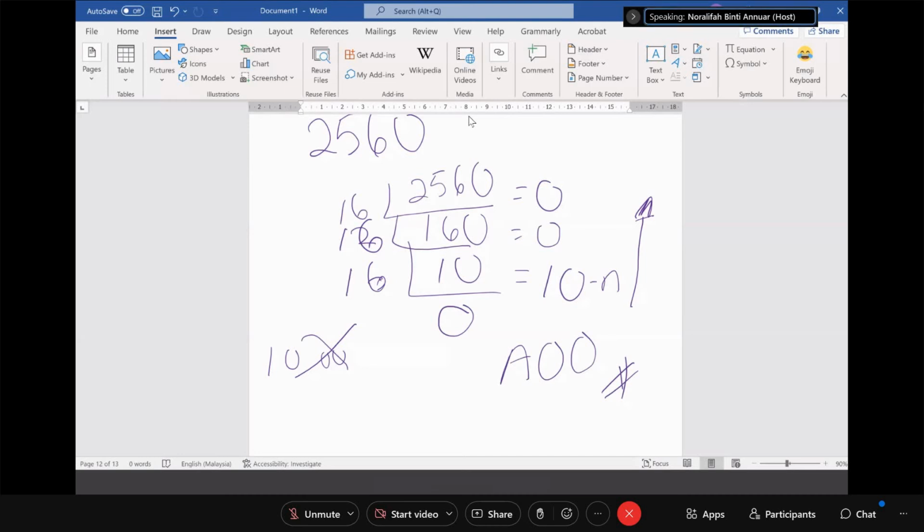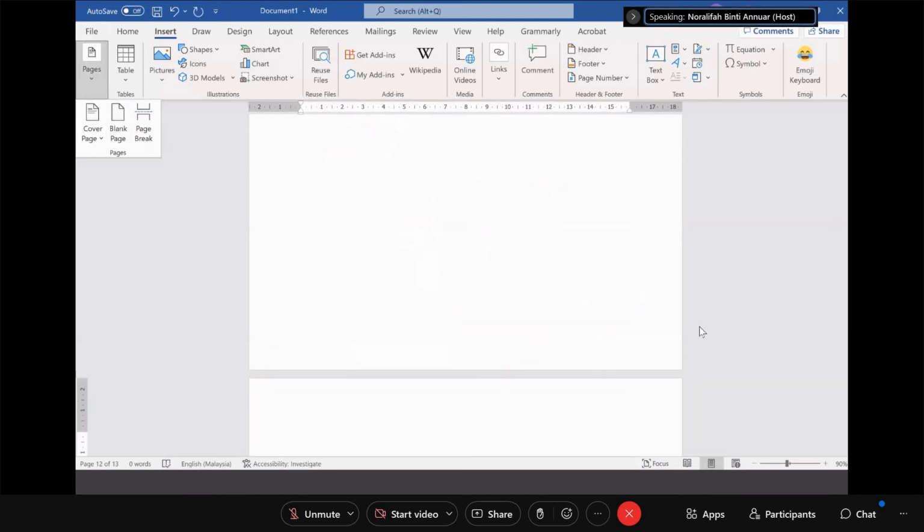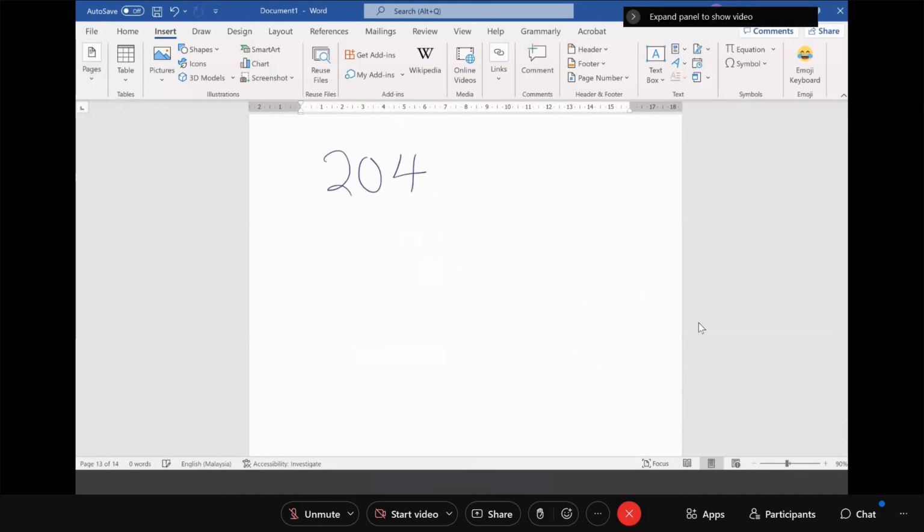Now kita tengok fraction. Now we look at the fraction. Decimal to hexa tapi ada fraction. With fraction. Tadi tak ada fraction. 204, 125. Saya kira terus guys, nanti you kira sendiri ya. Yang ni macam biasa.